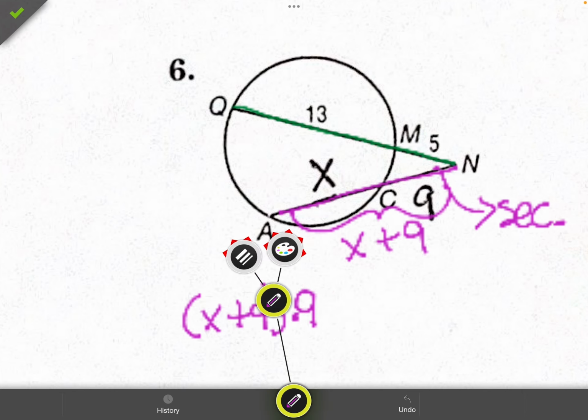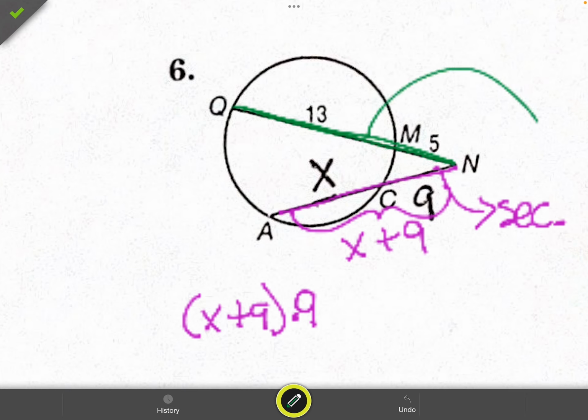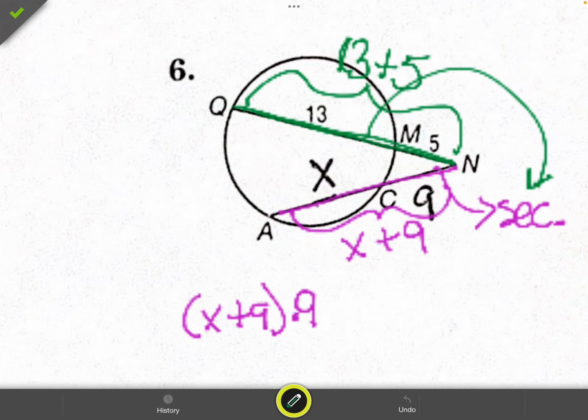So now we look at the green. One part is in, one part is out. That's another secant. So as soon as you say secant, do your brackets, because you gotta do the whole. So whole is 13 plus 5 times exterior, which is 5.